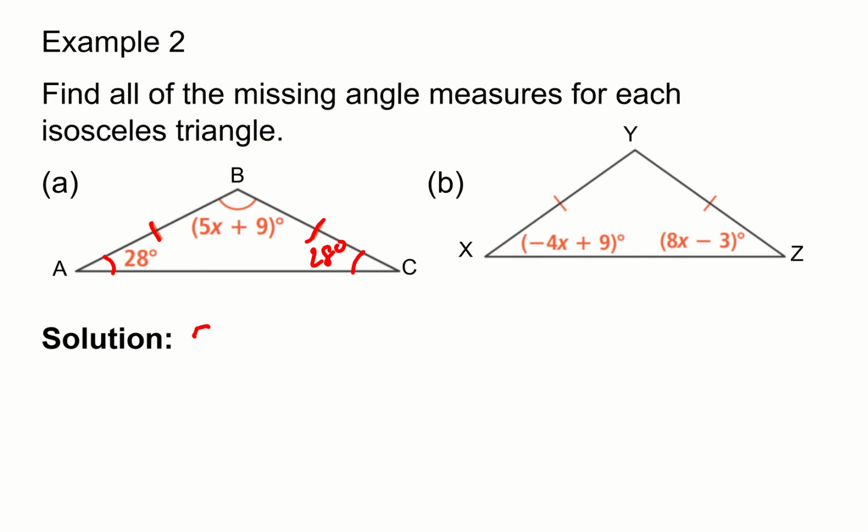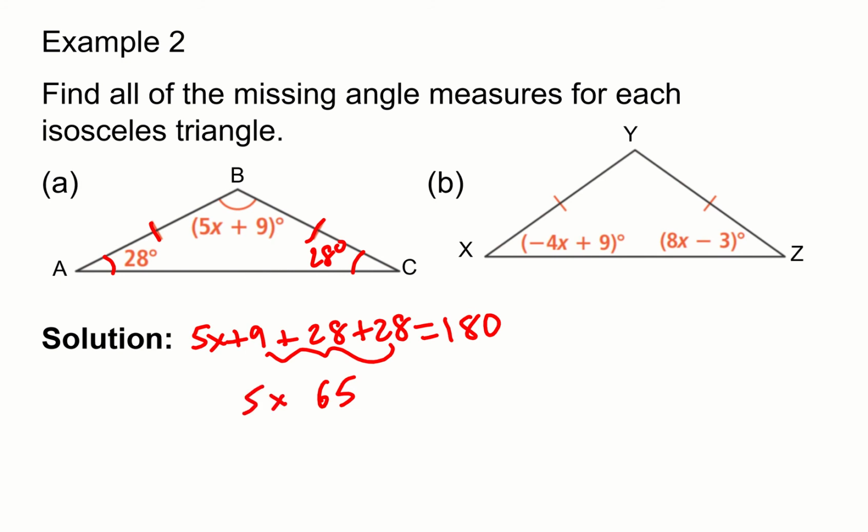And so I have 5x plus 9, that first angle on top, plus we have two 28s, has to equal 180. And so I can go ahead and combine my like terms, 28 plus 28 plus 9. So we have 56 plus 9. So that's going to be 65.